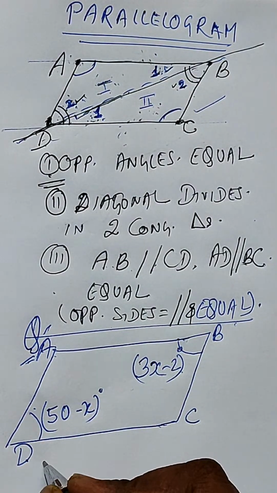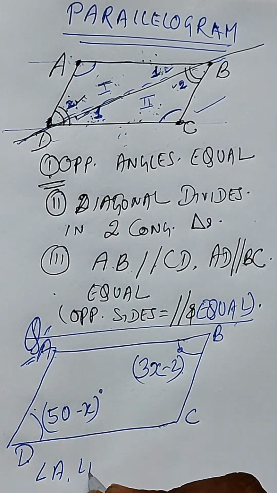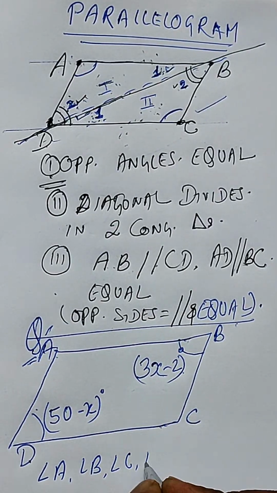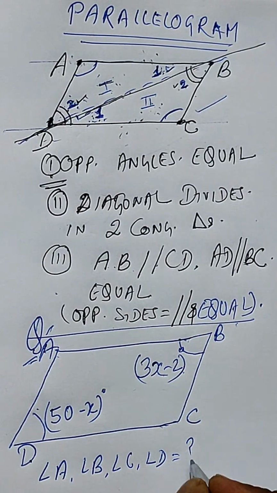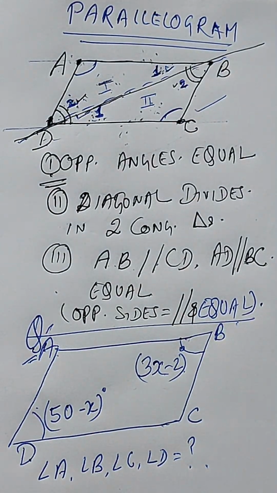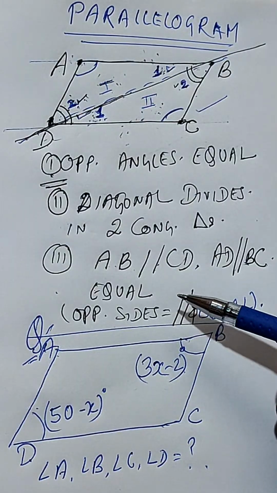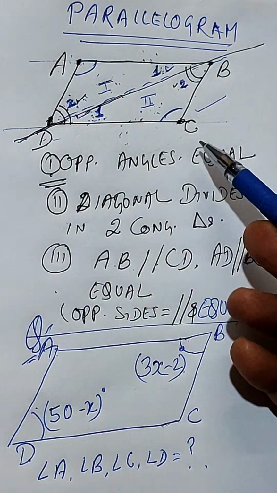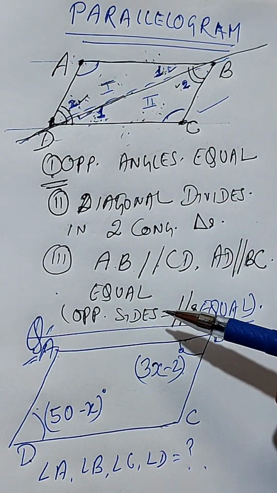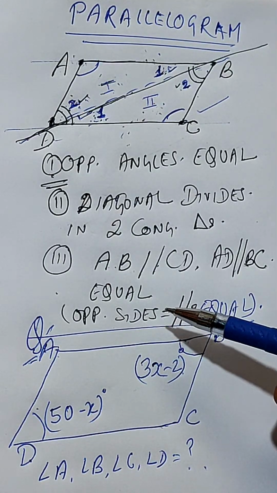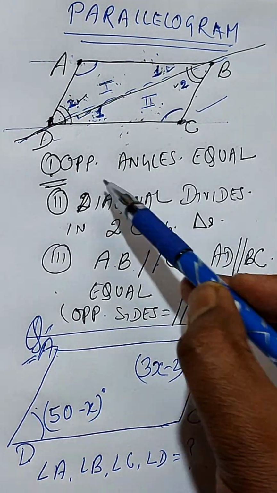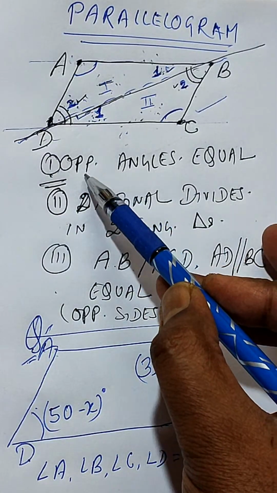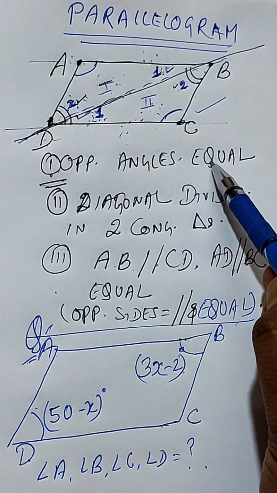What is the value of angle A, angle B, angle C, angle D? Just use the above property and see which can be applied over here. So here you can see the first property of the parallelogram: opposite angles are equal.